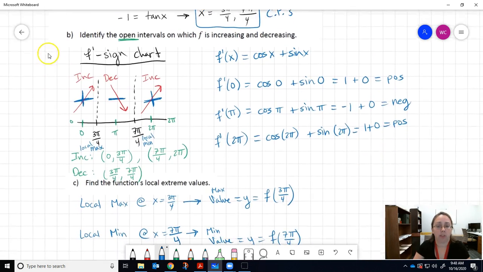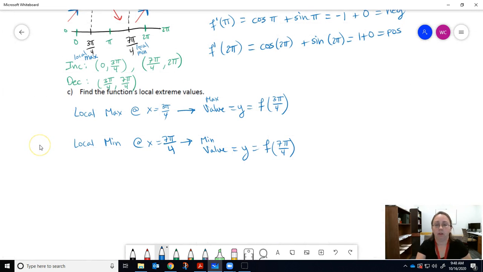All right, what was our function? Sine minus cosine. So we have sine of 3 pi over 4 minus cosine 3 pi over 4. So what is sine at 3 pi over 4? Well, that's second quadrant. So sine is positive, and pi over 4 is the reference angle, so square root of 2 over 2.